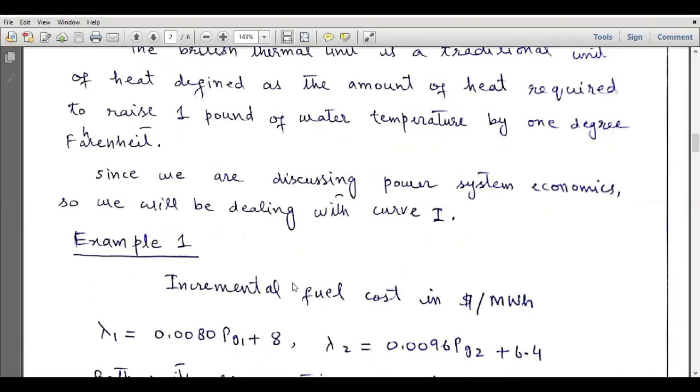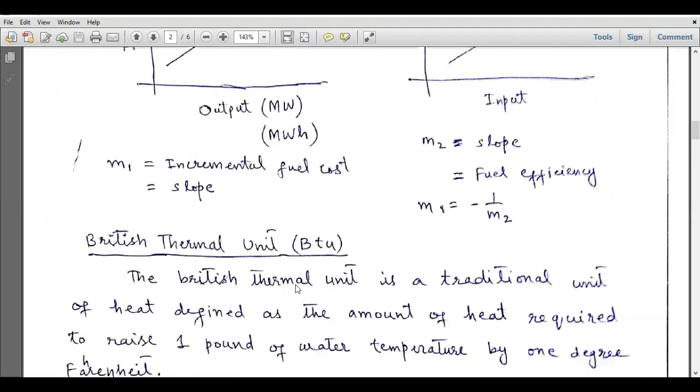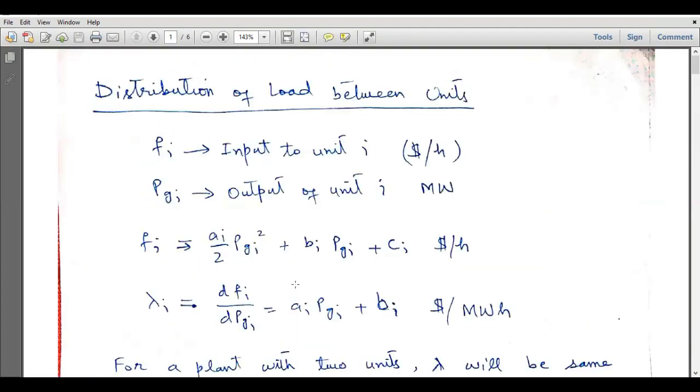So before proceeding to the example, I will show you the derivation, which is very important. And this is the derivation based on the distribution of load between the units. And here we will denote the input by Fi, the output will be denoted by Pgi, and i is the unit, right?